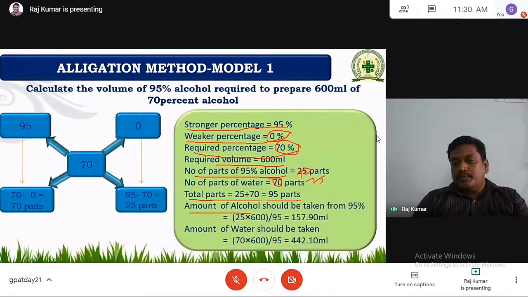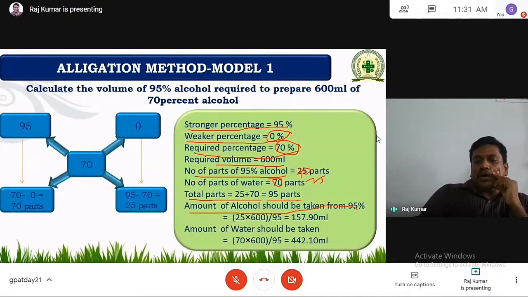Amount of alcohol to be taken from 95%: let us calculate it here for alcohol.